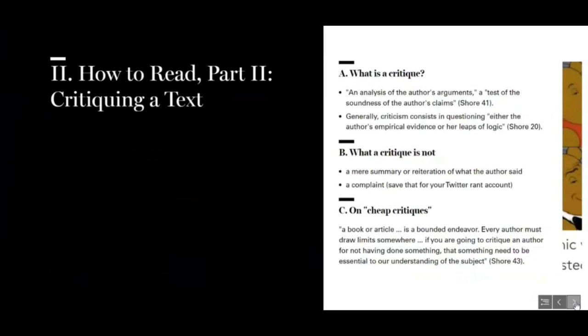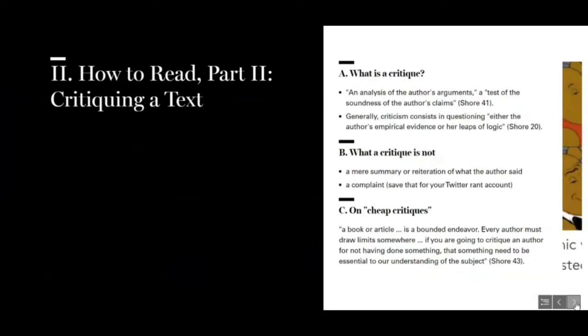So when you criticize an argument or when you criticize a piece of writing, you can either interrogate the empirical evidence, like you can ask questions like, is this evidence relevant to the claim? Is this evidence verifiable? Did it come from credible sources of information or is it just fake news?